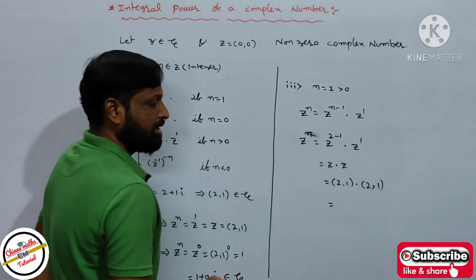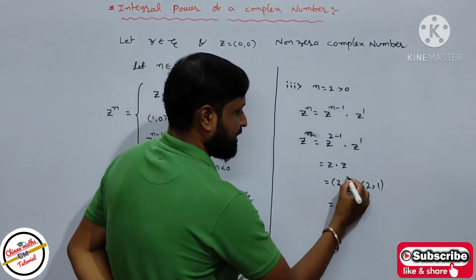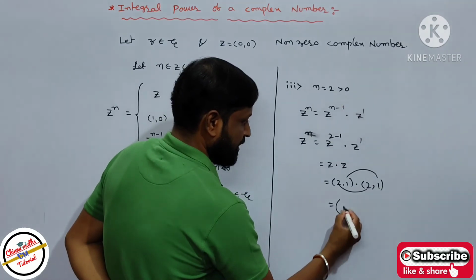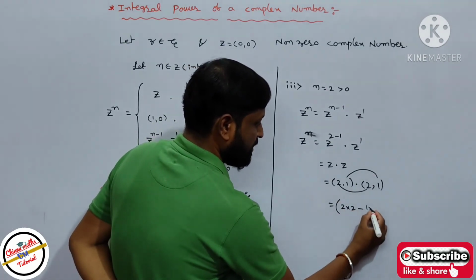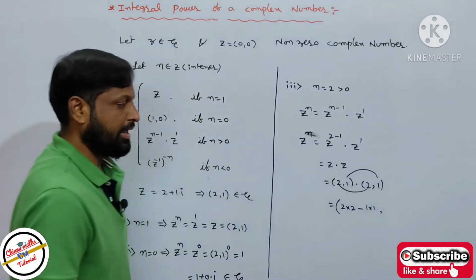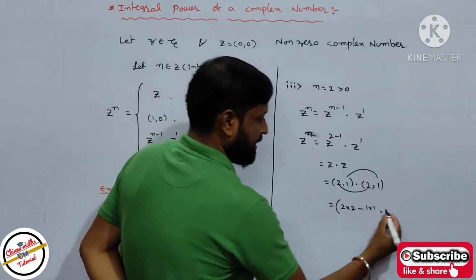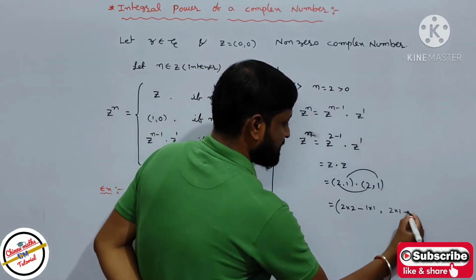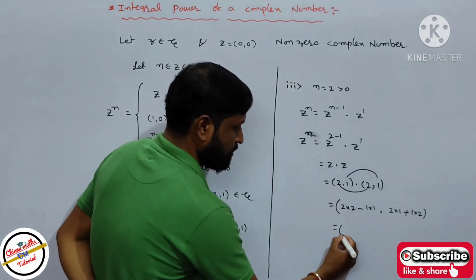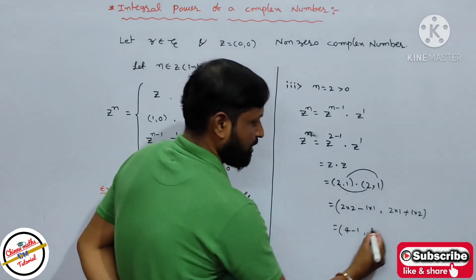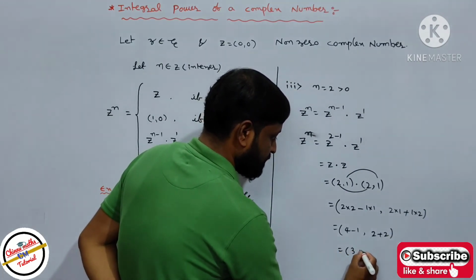It is ac minus bd, that is 2 into 2 minus 1 into 1, comma, next ad plus bc. ad means 2 into 1, plus bc, 1 into 2. So that is equal to 4 minus 1 comma 2 plus 2, that is equal to 3 comma 4.